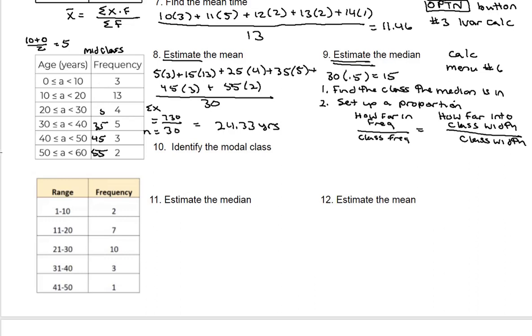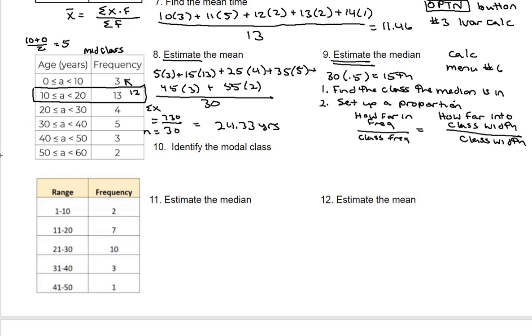So again, if you take a look, and I'm going to get rid of these mid-class numbers just to make it a little bit less confusing, you'll notice that again I've used up 3 in the first class. So that means I've got to go 12 more into this frequency of 13. So I'm going to go 12 into 13.